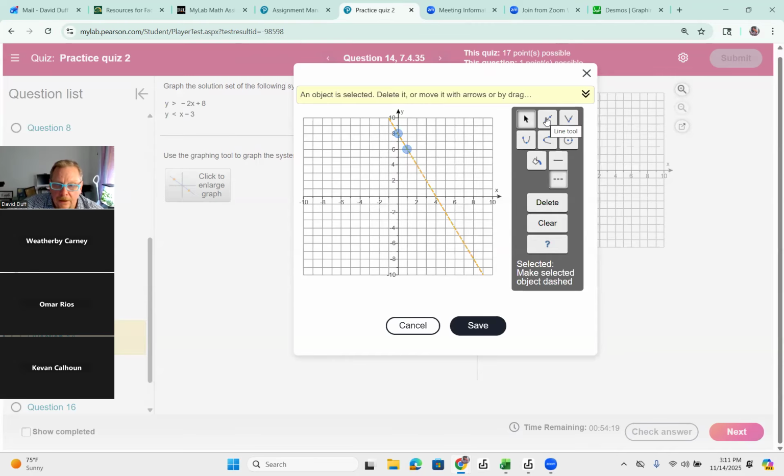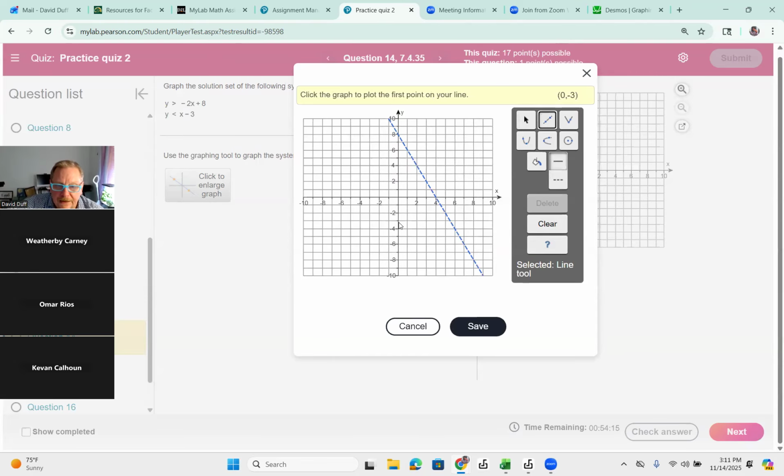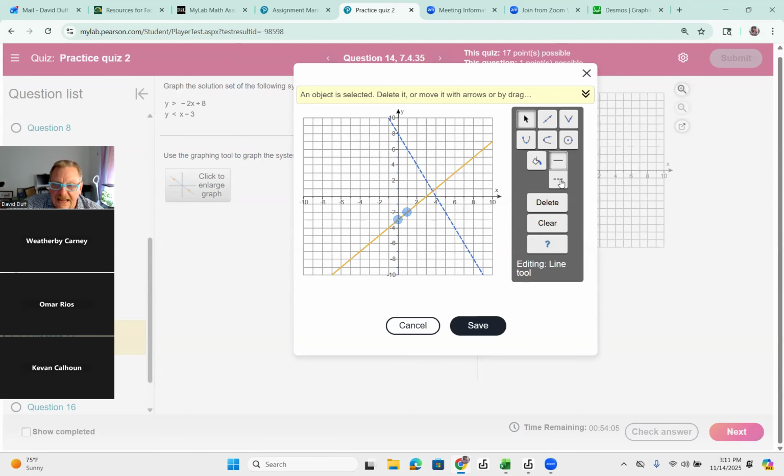Now, my second line has a y-intercept of negative 3. So I'm going to click at negative 3, and this has a slope of 1, so I'm going to go up 1 and right 1. Now I'm going to make sure it's dashed. Okay. That's it. Now, here's the hard part, right?